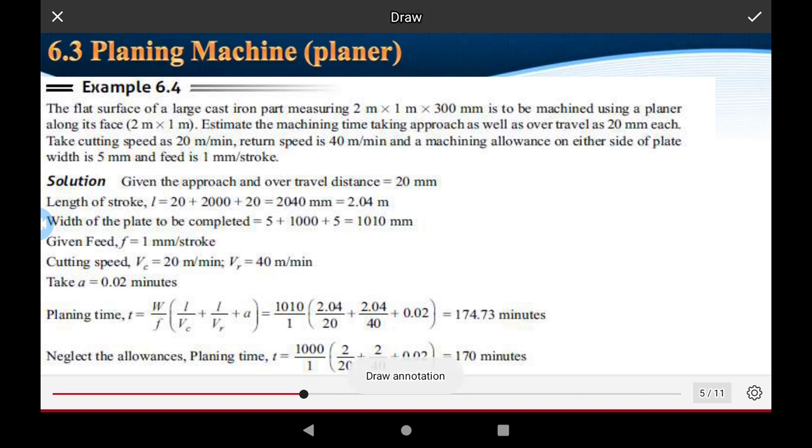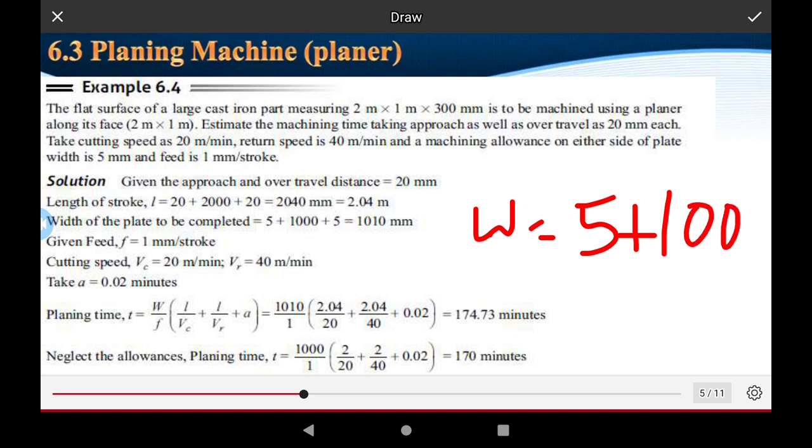Convert 2040 mm into meters, so it is 2.04 meters. The width of the machine plate is 5, so small w equals 5 plus 1000 plus 5, where 1000 is the conversion of 1 meter into millimeters.